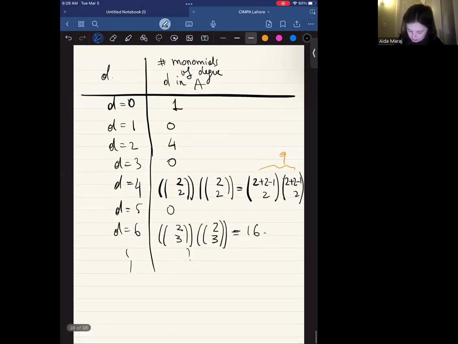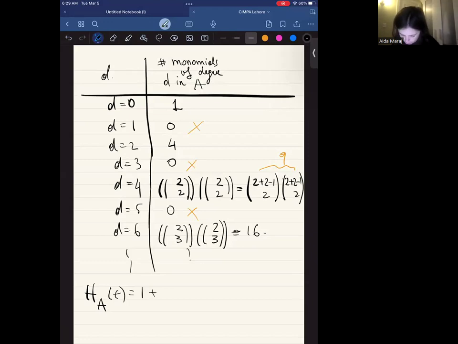So the Hilbert series of our A is going to be 1 plus 4t plus 9t squared plus 16t cubed, and so on.